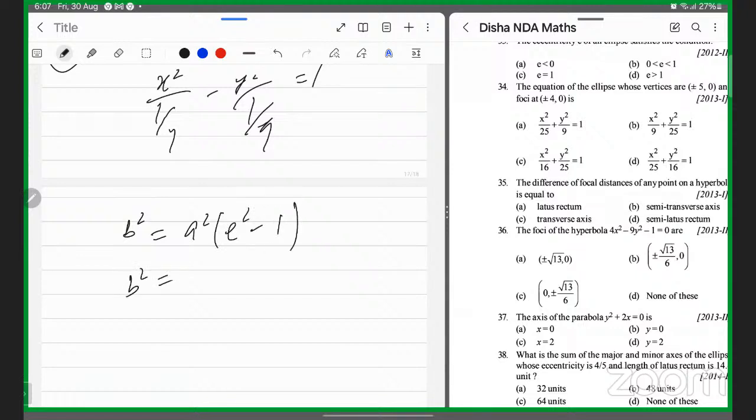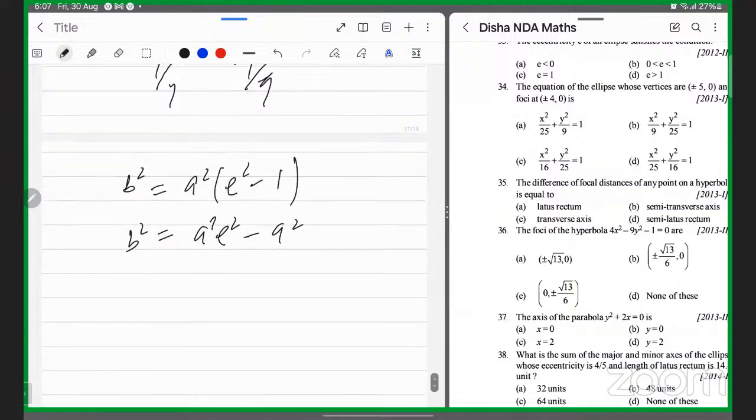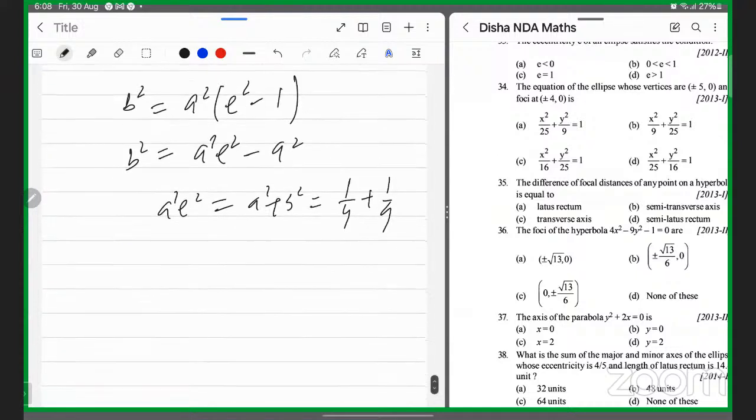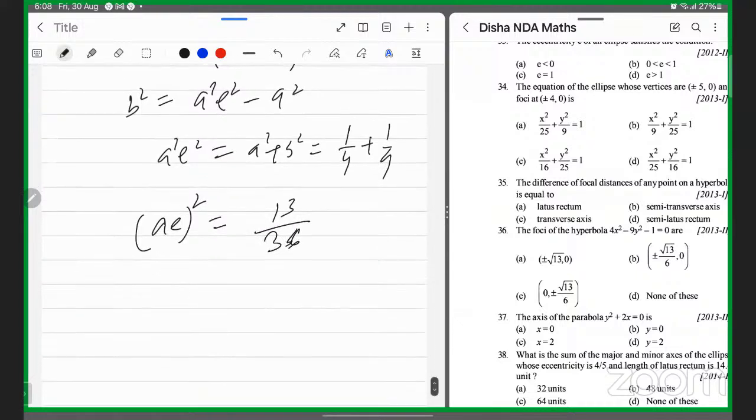See the calculation, how I'm doing it. So a square e square is a square plus b square, 1/4 plus 1/9, which is 13 by 36. So you will get ae equals plus minus root 13 by 6, the correct answer.